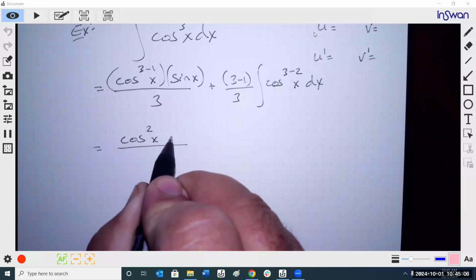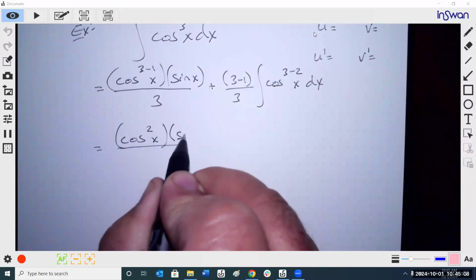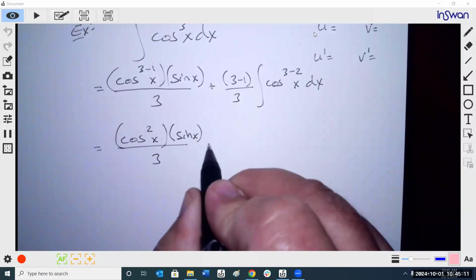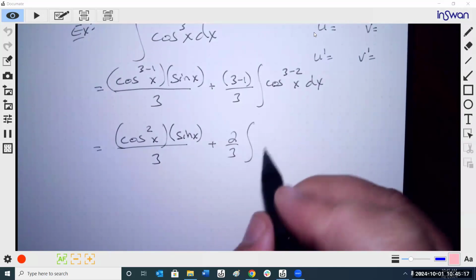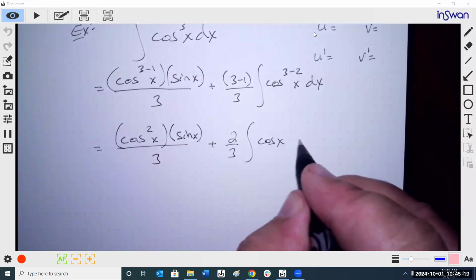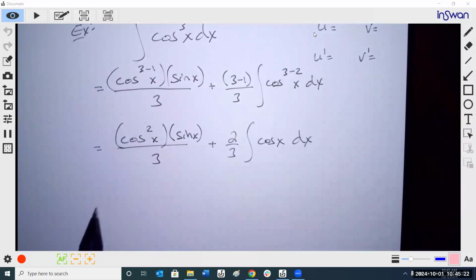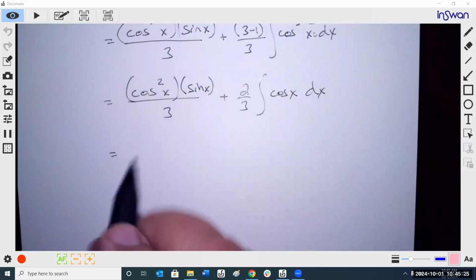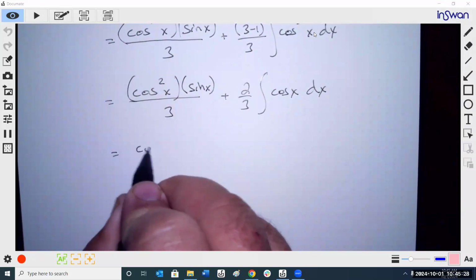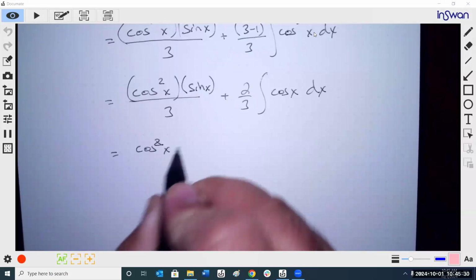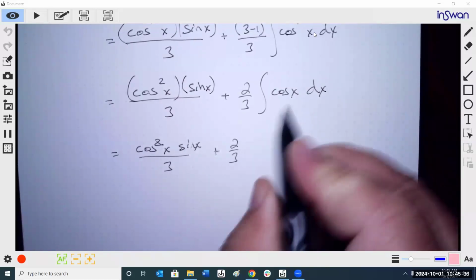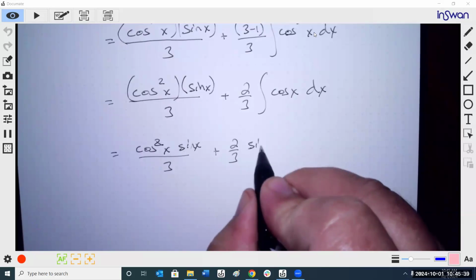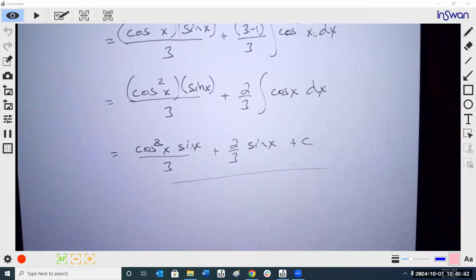Cosine 2 x times sine x over 3, and 3 minus 1 is 2/3, times the integral of cosine x dx. So we have cosine squared of x times sine of x over 3 plus 2/3 times the integral of cosine, which is sine x plus c, and there's our solution. That's how the reduction formula works.